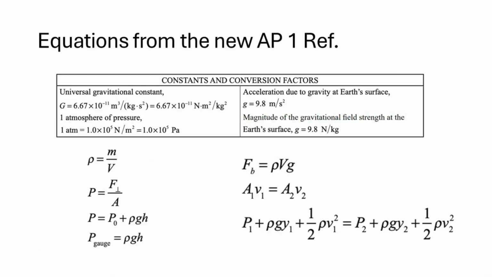Here is what's on the reference table with regards to fluids. So if you haven't seen the reference table yet, they have it posted on their website. Okay, they have the whole guide for what will be in next year's stuff, and the main things on there that are useful are the atmospheric pressure stuff, which will come into play, and then these 7 equations.